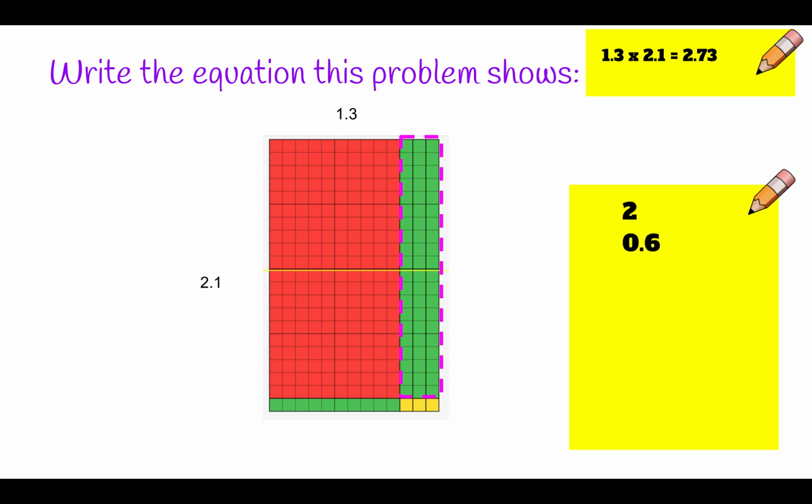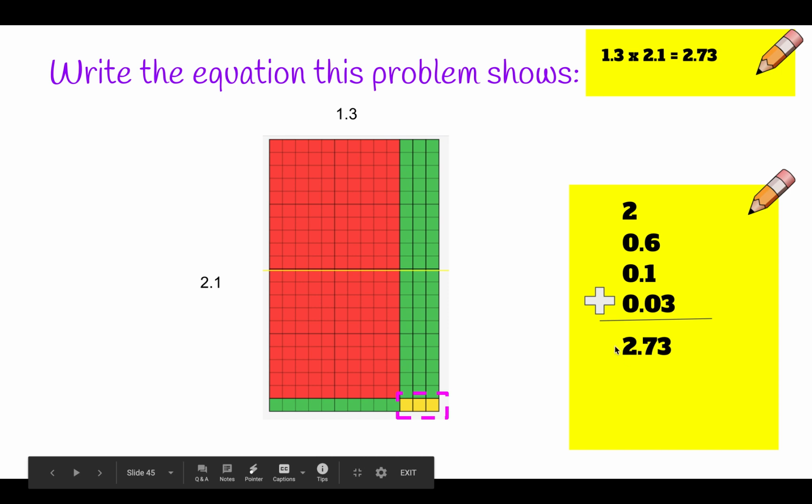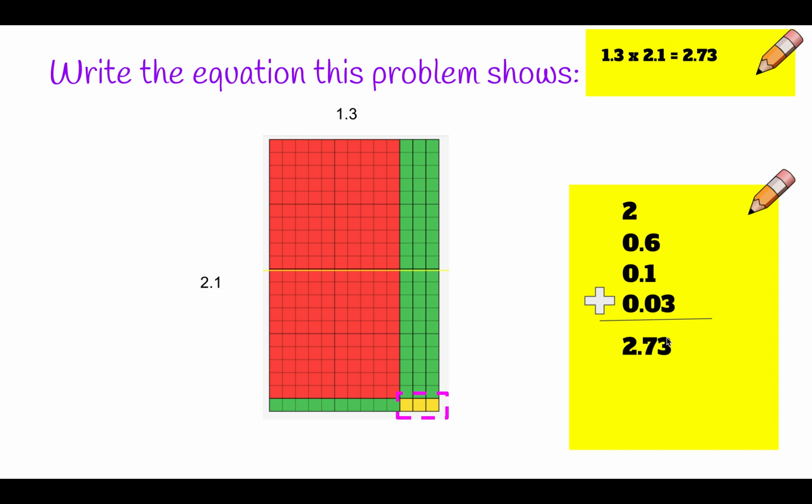So that's 6 tenths. 1, 2, 3, 4, 5, 6 tenths. Next, we'll count this tenth at the bottom. That's 1/10. And then we'll count these hundredths. That's 3/100ths. When we add it all up, we see that in total there's 2 whole blocks, 7 tenths, and 3/100ths, or 2.73.